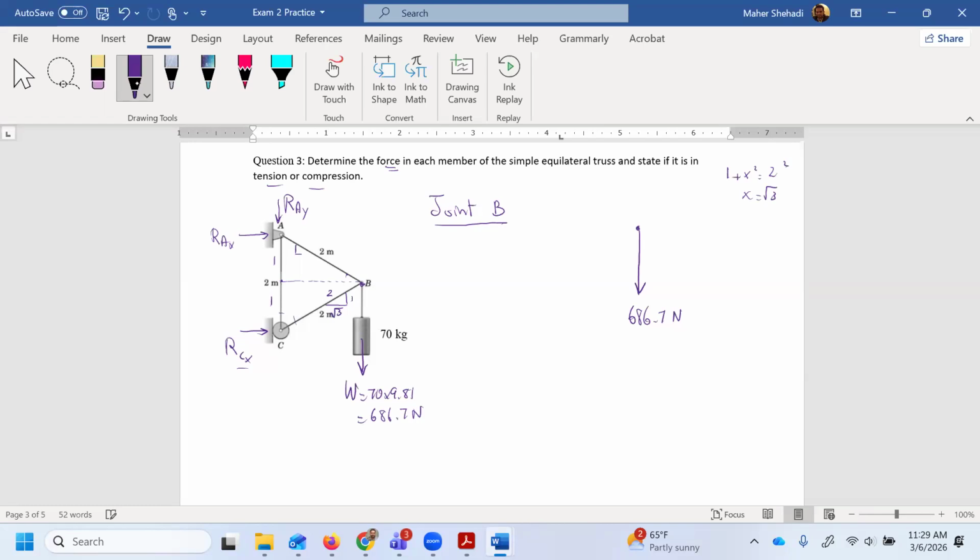Okay, here it's the same: 1, square root of 3 and 2, because this 2 meter is the hypotenuse. So I will have FBC, and here FAB.